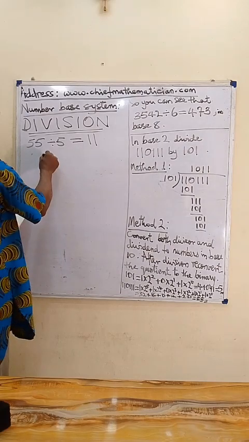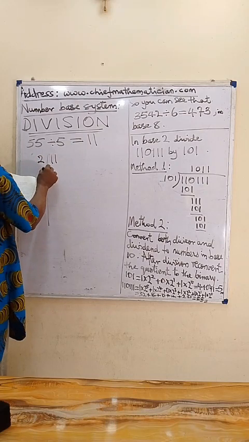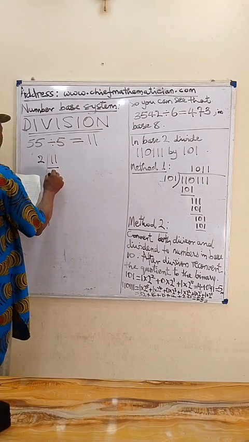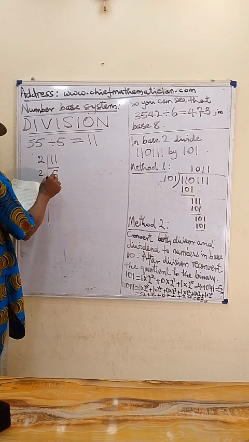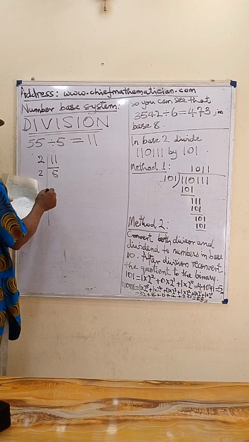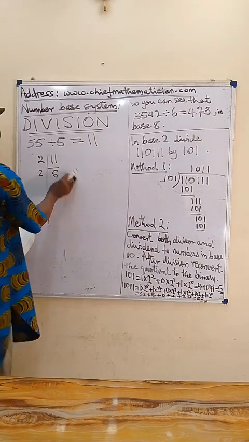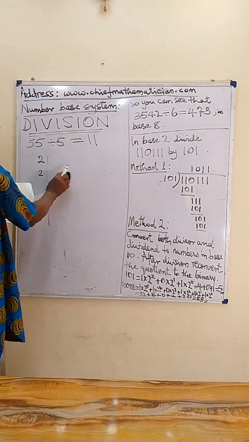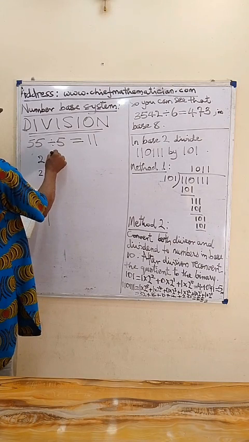So, here we have 11, here we have 2. I hope you are getting these things right, please. We are dividing 11 by 2.